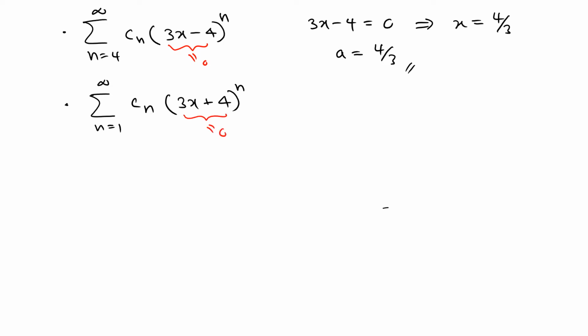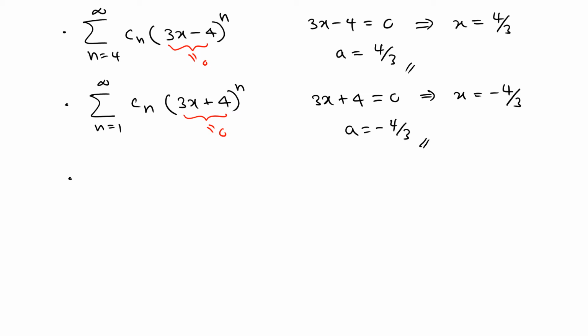So we have 3x plus 4 equals 0. Solve for x, so it is -4 divided by 3. That means a equals -4/3. Good. So it can be positive or negative.